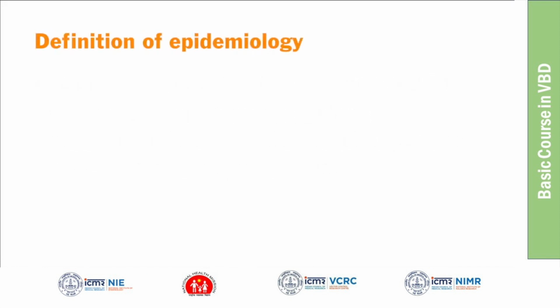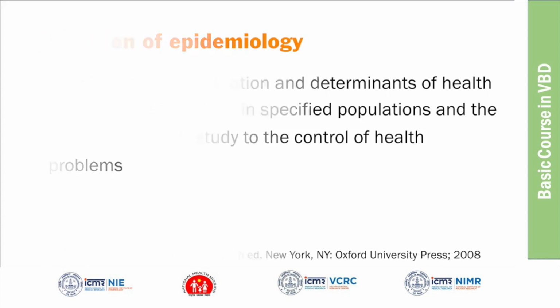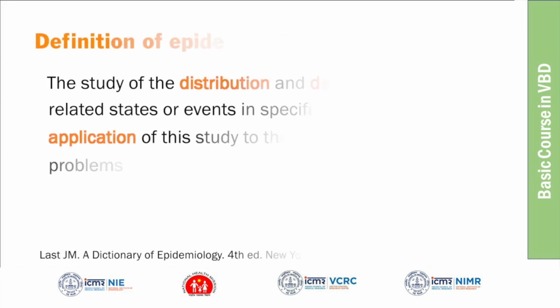Let's look at the formal definition of epidemiology. It is defined as the study of distribution and determinants of health-related states or events in specified populations, and the application of this study to the control of health problems. That's the definition. Basically, there are three things that are very important.